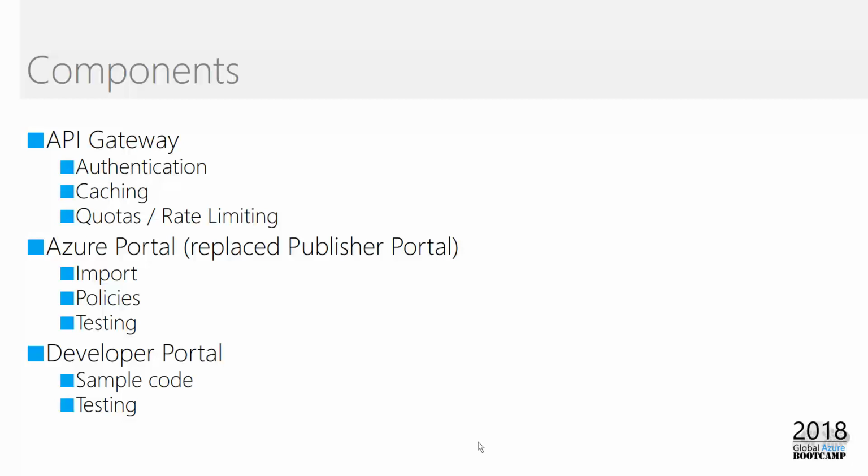So I can control all of that. And in API management, it's got a product. I can set up a starter product and an unlimited product, and they can have different quotas, different rate limiting. When they originally had the product, they had another website that was a publisher portal. They've now replaced that all with the Azure portal.